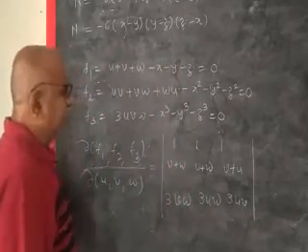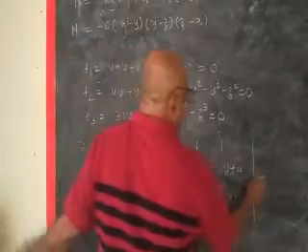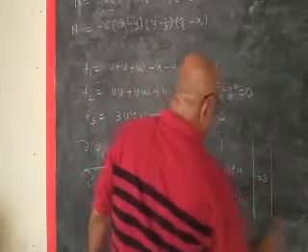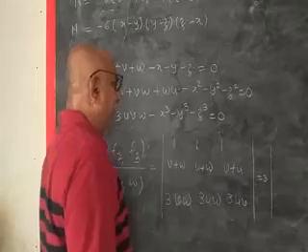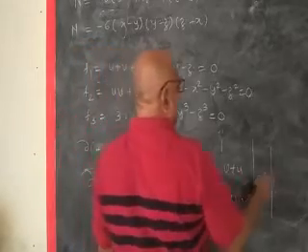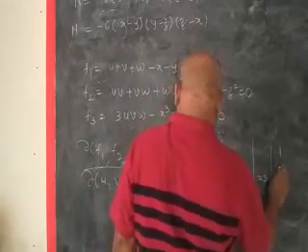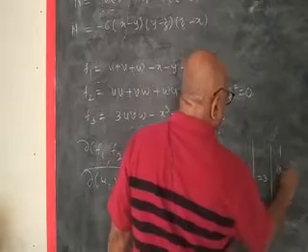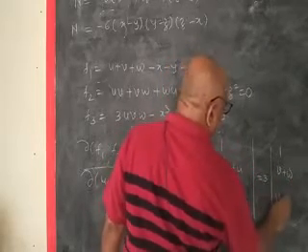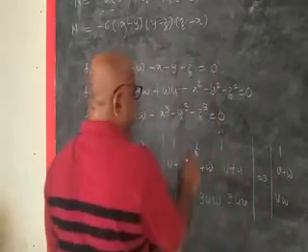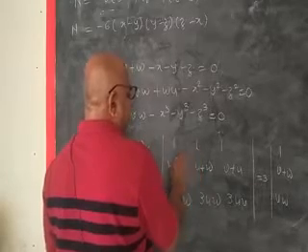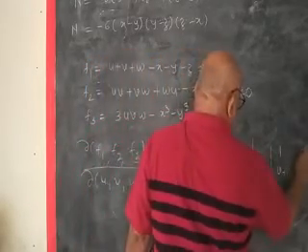I can take 3 in common from the last row, and we'll use the same trick. 1, v plus w, vw. Now subtract c2 from c1, 0, 0.